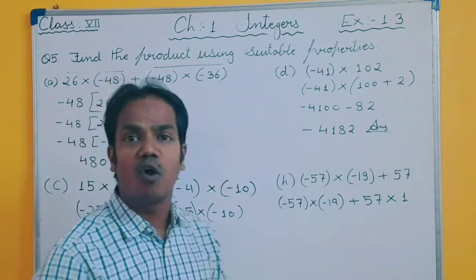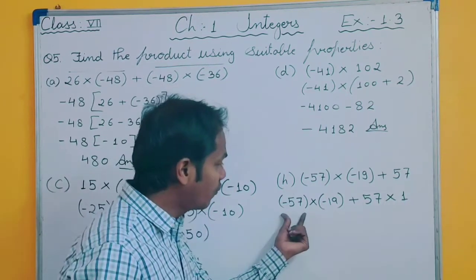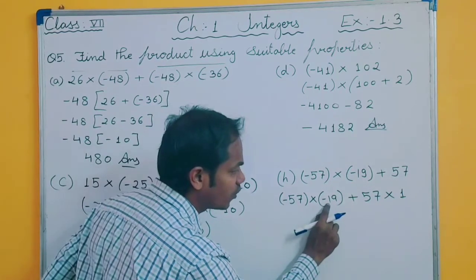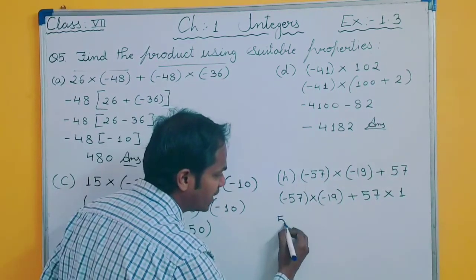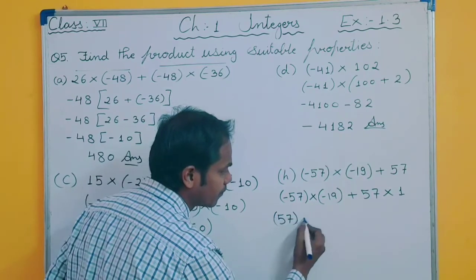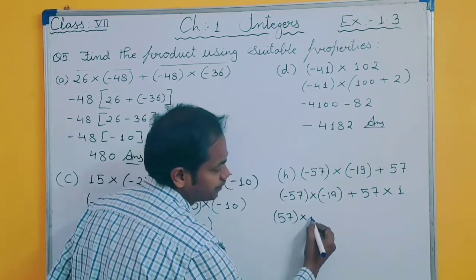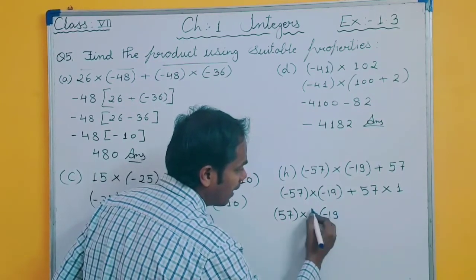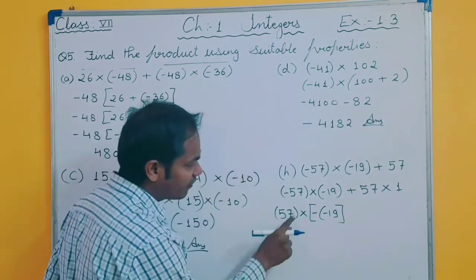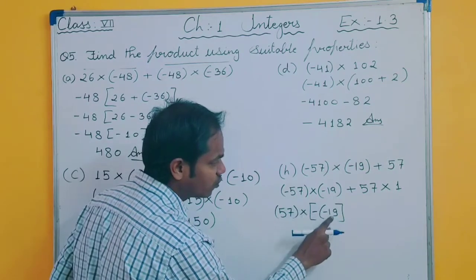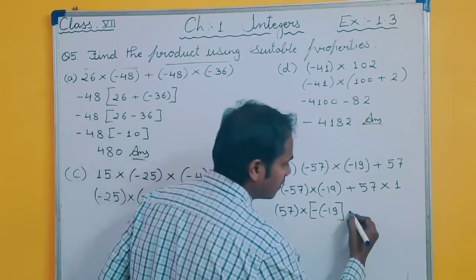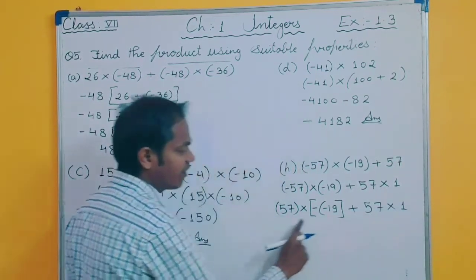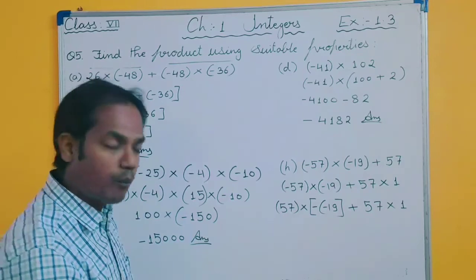Means these two values are not common. Okay. So what you will do? You have to make common. So I will give this minus sign to his partner. So 57 multiplied by, okay, minus 19. I have given this minus sign to this minus 19. Now you can take common. Your 57 and 57 become positive.